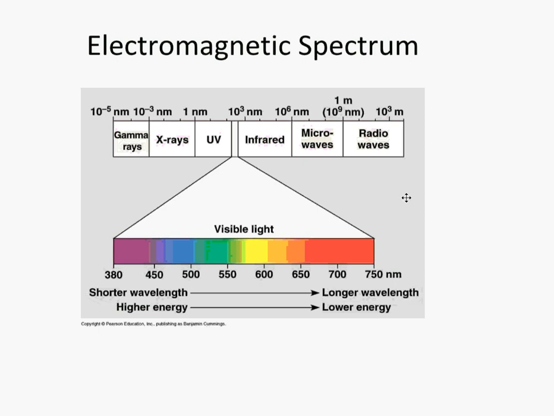And the longer wavelengths have the least amount of energy, and the shorter wavelengths have the most amount of energy available to them. All of the visible light together makes what we call white light, and that's the whole ROY G.